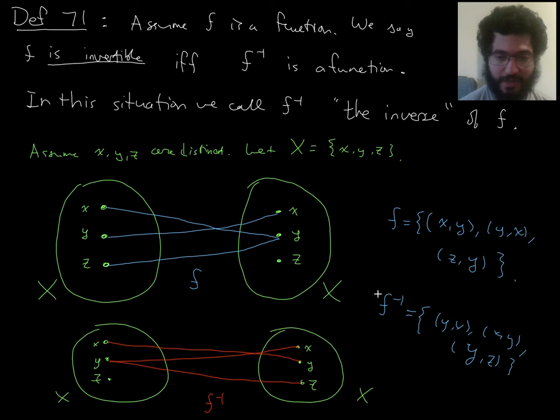So in this context, while f is a function and f reverse is a perfectly fine set of pairs, it is not the inverse of f. I would say f has no inverse. For f to have an inverse is for the reverse of f to be a function. Then that would be called the inverse of f.